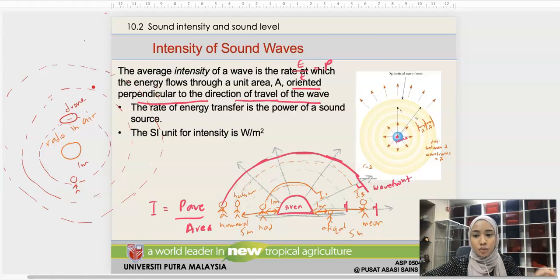If the drone is 1 meter away from the radio, okay, so saya punya distance dengan drone ni sama daripada radio. The intensity of sound that the drone is hearing is the same as the intensity of sound that I am hearing. So if the drone listens to I1 intensity, I am also listening to I1 intensity of sound.